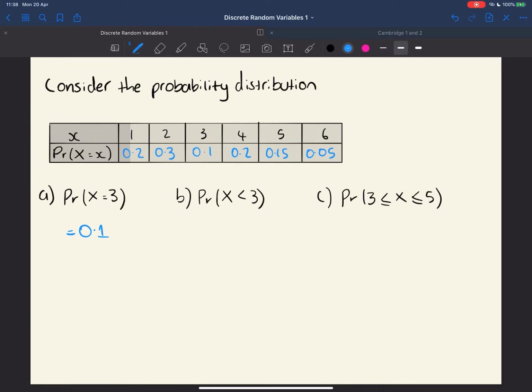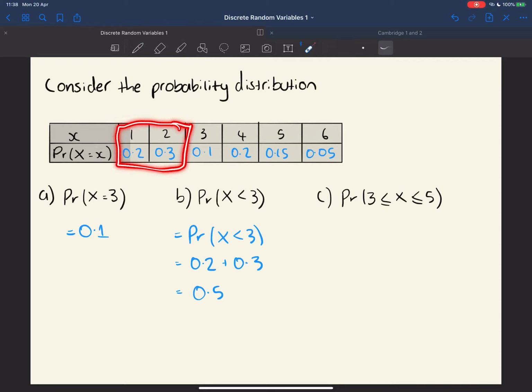So this would be equal to 0.2 plus 0.3, which would be 0.5. Because this is the probability of less than 3, right? It's the 1 and the 2. So we add our probabilities together.